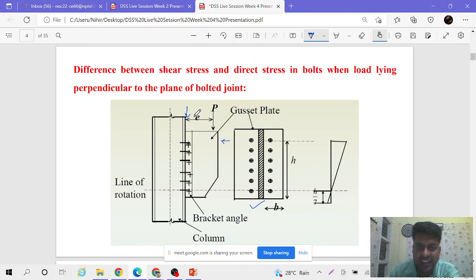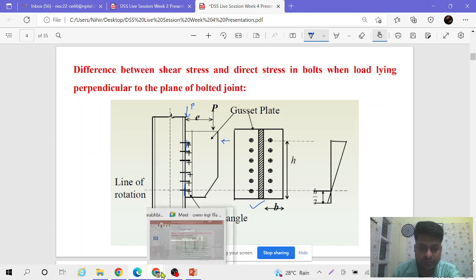Due to this direct load P, the tendency of the bolt will be to cut at this plane. So at this plane, shear stress will be generated in all of these bolts.